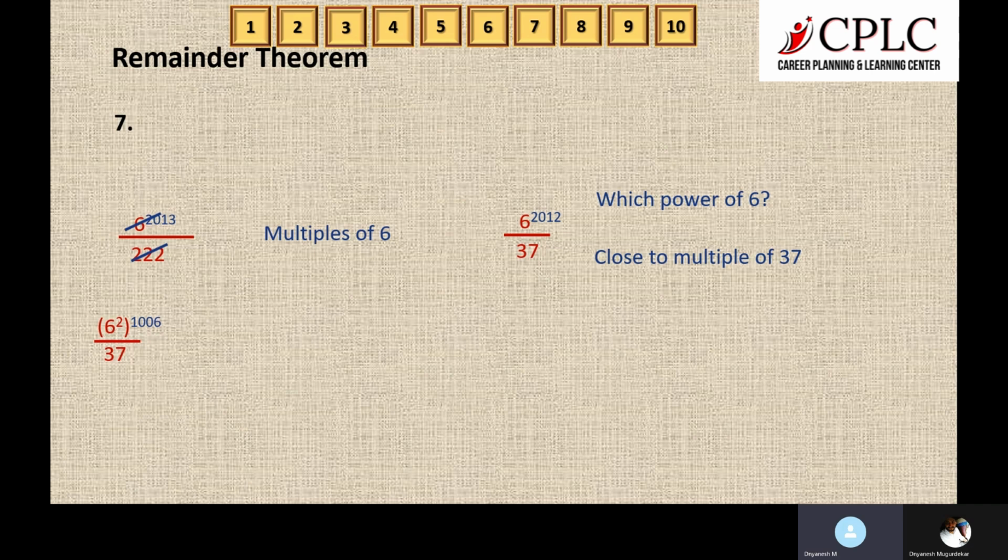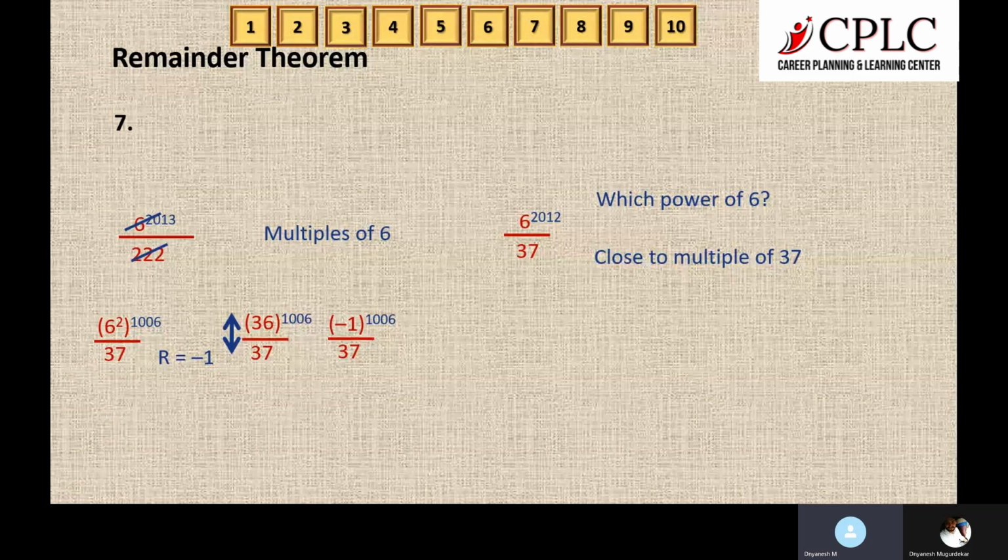Now 6 square is 36. 36 divided by 37, remainder is minus 1. So replace the number by the remainder. It becomes minus 1 raised to 1006 divided by 37. Minus 1 raised to an even power gives plus 1 as the answer. And 1 when divided by 37, you will get the remainder as plus 1.